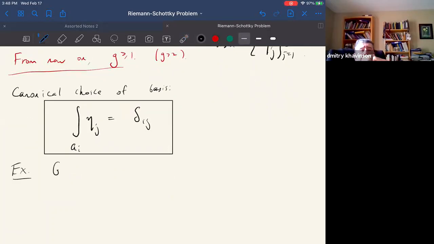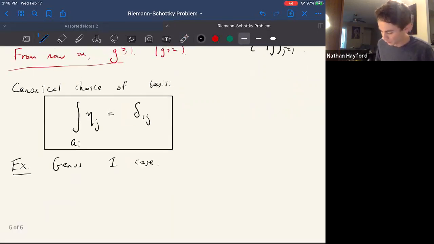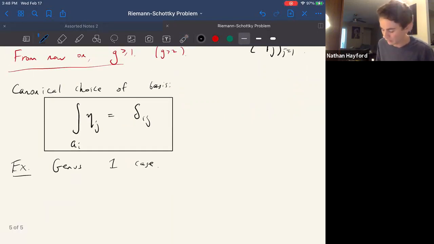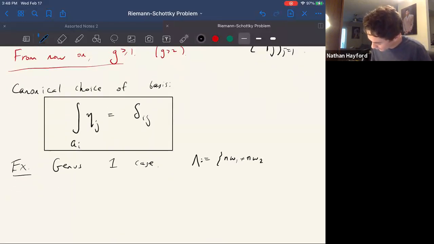So the genus 1 case. What does a genus 1 Riemann surface look like? Well, it's a torus, and actually it's a good point. So maybe I should talk about that. How are we going to represent a torus? Well, take a lattice in the plane. So omega 1 and omega 2 are linearly independent complex numbers.